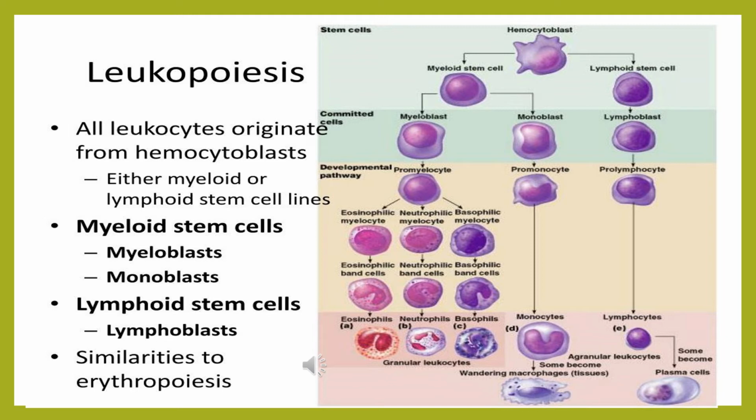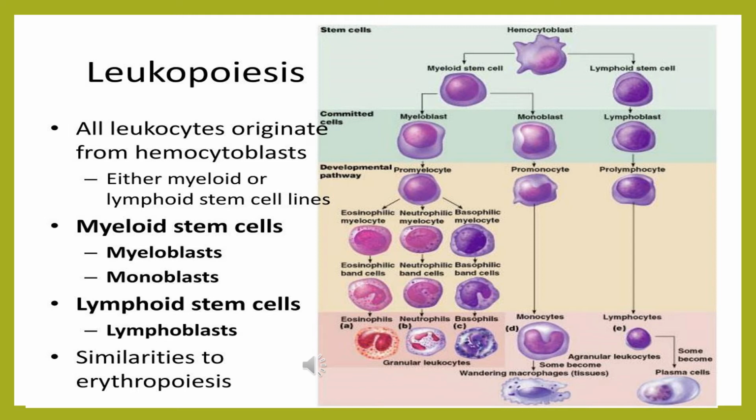Now the second one, the monoblast, undergoes division and differentiation into the promonocytes, and these promonocytes develop into the monocyte. Monocyte is a type of agranular leukocyte.